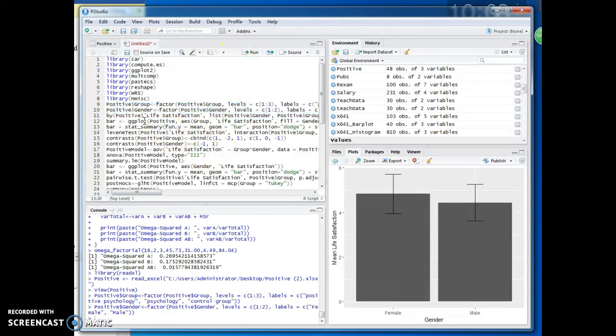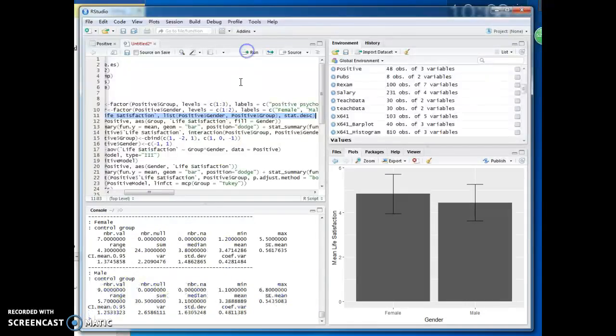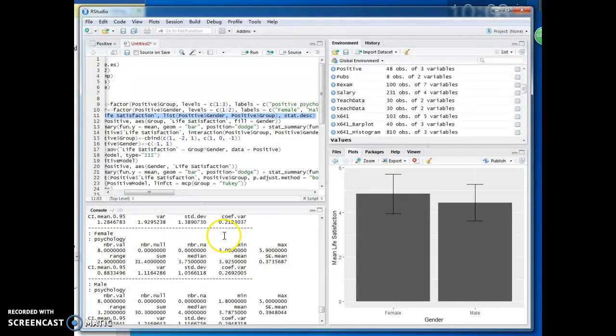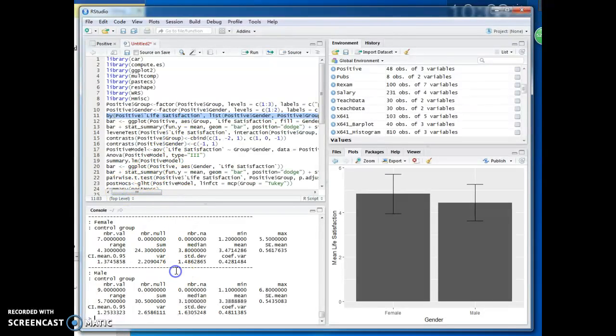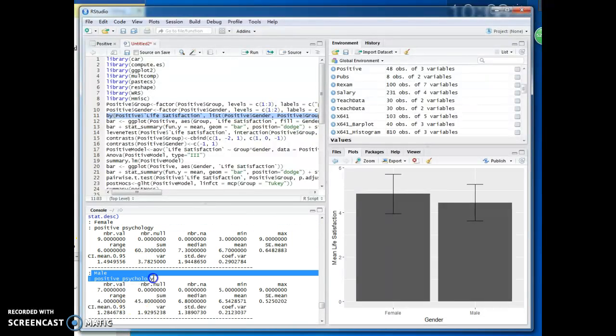So after we set the factors, we also want to interpret our data, so we use the by function to see what the data is like. As we can see, there are 6 different groups in the descriptive data we get, and we can compare the female in the positive psychology group and the male in the positive psychology group, and compare their means.